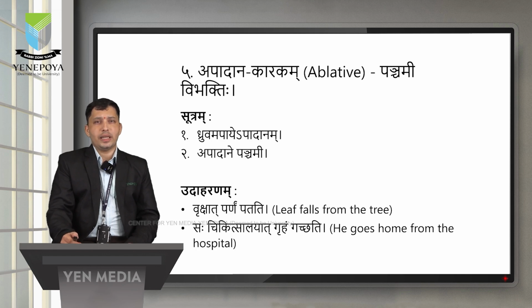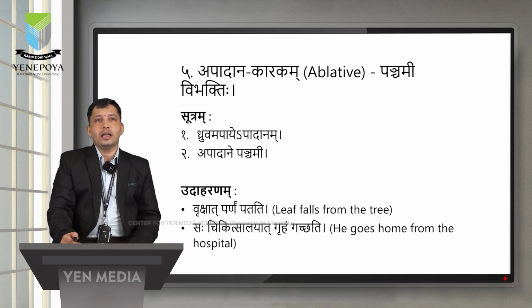Next one is the Panchama Karaka, or fifth Karaka, that is Apadana Karaka, and it represents Panchami Vibhakti. Sutras are Dhruvamapaye Apadanam and another one is Apadane Panchami. Here Dhruvamapaye Apadanam says that Dhruvam means constant, which does not move, it always stands still.